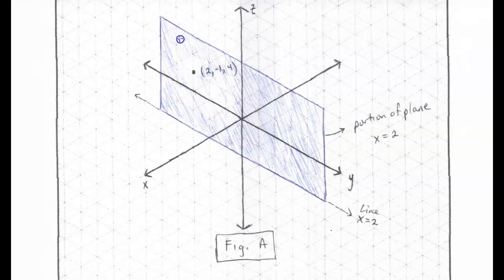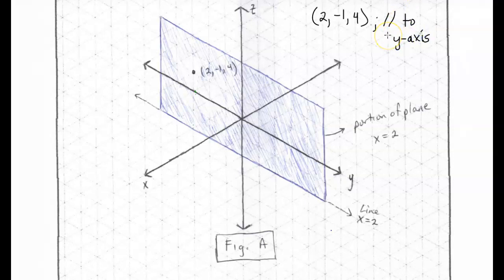So let's say now we want the plane that still has this point in it, but now we say instead of it being perpendicular to the x-axis, let's say that I want it to be parallel to the y-axis, okay?